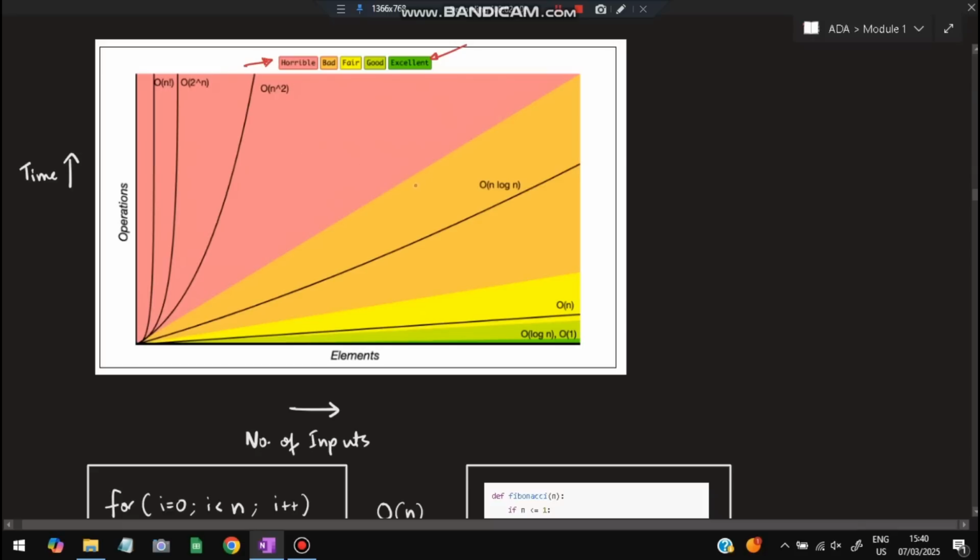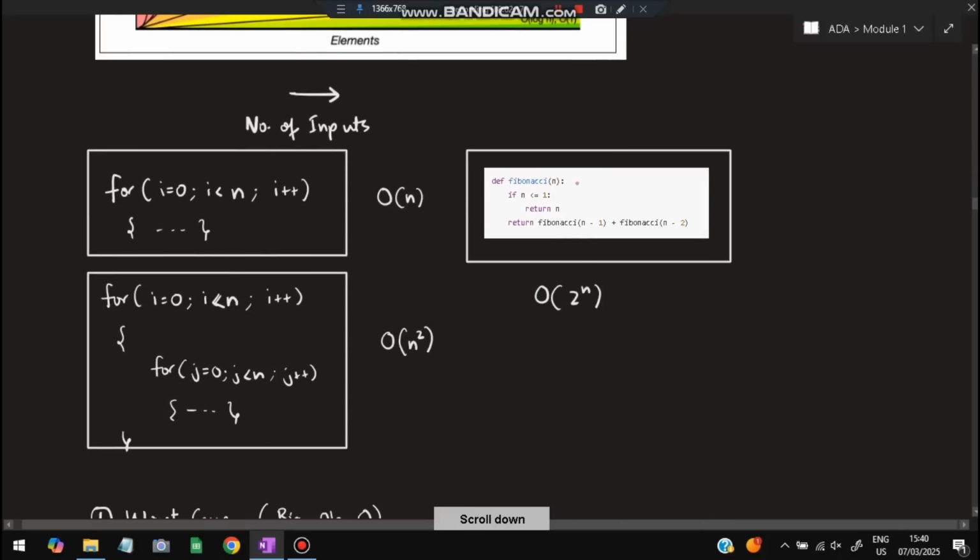Okay, if you go further in the graph, we'll be getting exponential terms like factorial and exponential here. For exponential, I can explain with an example: the Fibonacci series. In the Fibonacci series, for n input, we calculate f(n) = f(n-1) + f(n-2). We add the previous two elements and get this value.